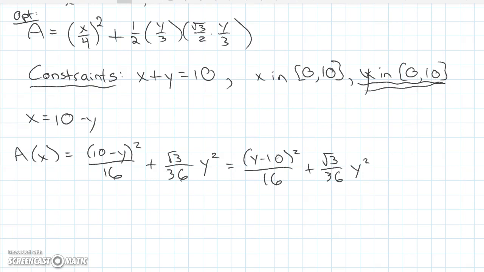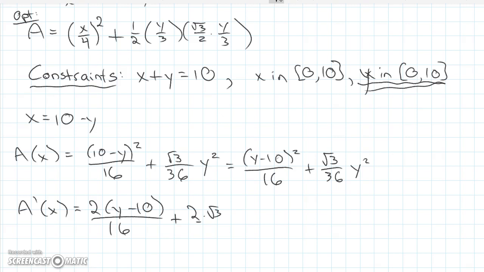I could multiply out the (y minus 10) squared, but I know the chain rule, so I might as well just leave it like that. So I'm going to do 2 times (y minus 10) times the derivative of y minus 10, which is 1, still over 16, and then plus 2 times √3/36 times y.